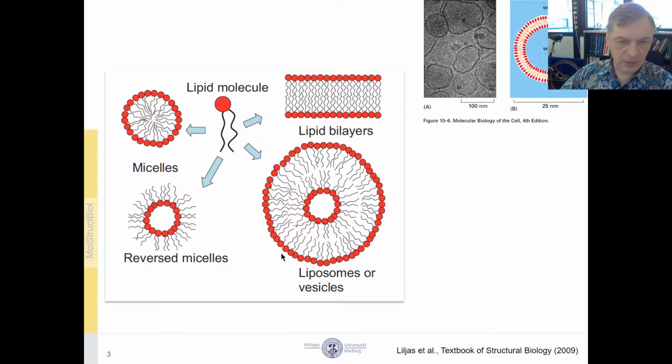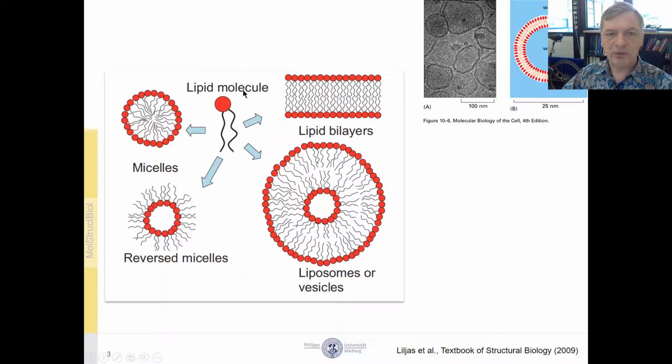So we see here a general lipid, with a head group which is polar, and some more or less hydrophobic appendix, an acyl chain or something larger whatsoever. But it could also be a protein-like lipid. Come to this later. So these kinds of lipids can form different kinds of phases.